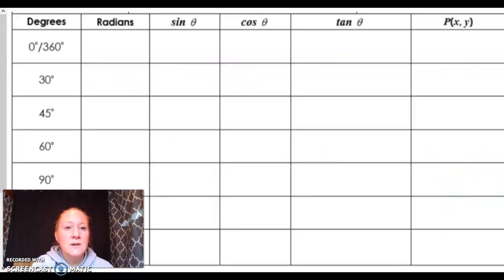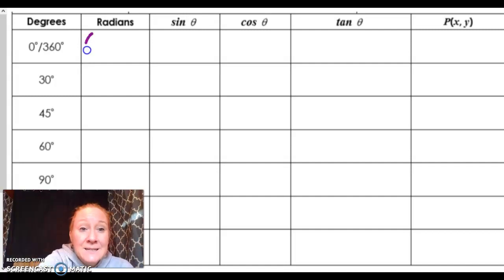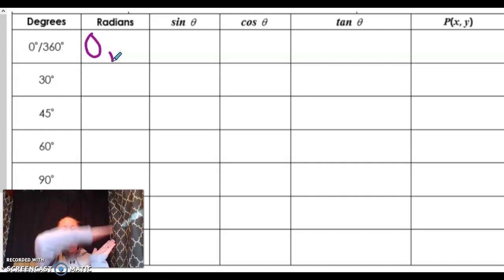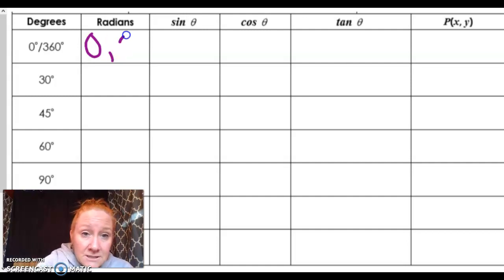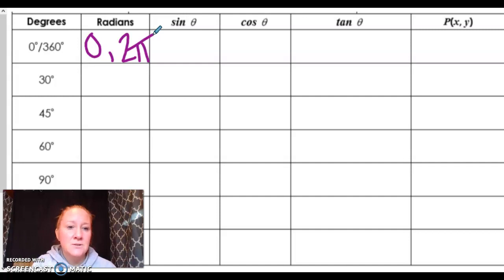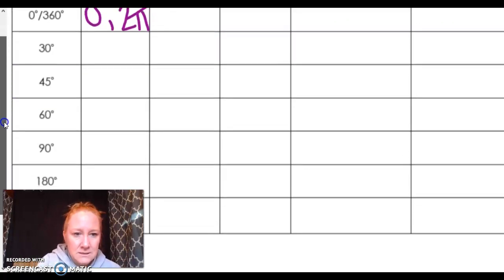All right, so let's think about 0 or 360. So that's as we go out here, okay? In radians, that's going to be 0, or how many pi's to get around. You can see me spinning a car, circumference is 2 pi r. And since the radius is 1, that's great. Okay. So we're going to kind of skip around here.